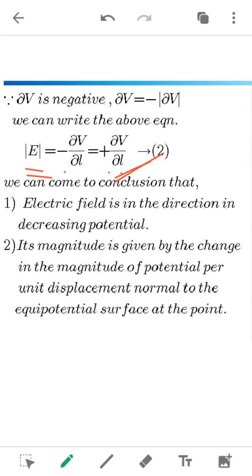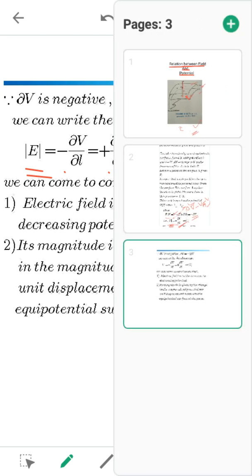The electric field is in the direction of decreasing potential, as I cleared in the last derivation, and its magnitude is given by the change in the magnitude of potential per unit displacement normal to the equipotential surface at the point. So this is the conclusion for the relation between the field and the potential.